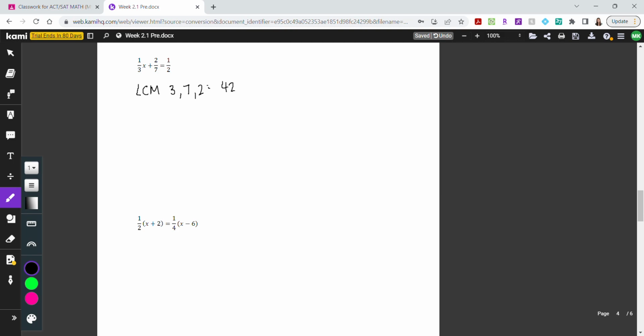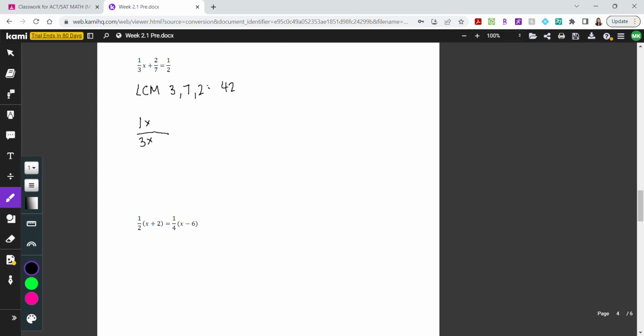Now we need to make this all have the same denominator. So let's look. 3 times what is 42? Let's quickly check.